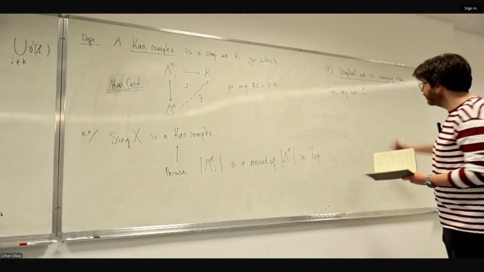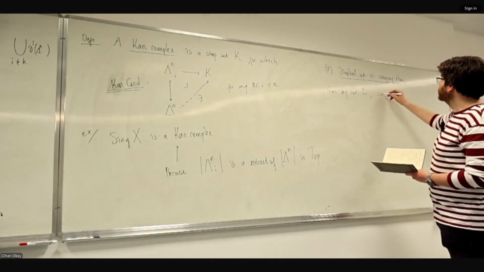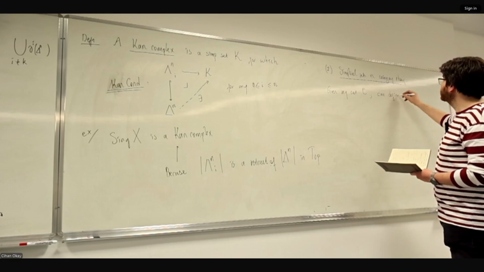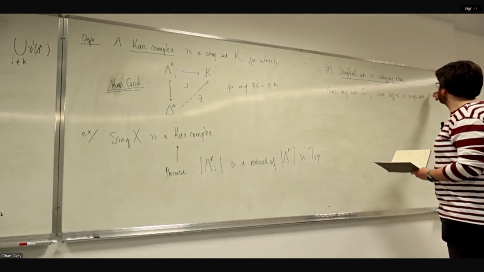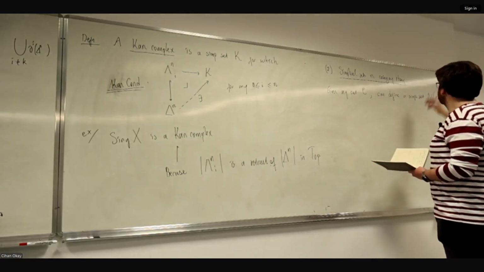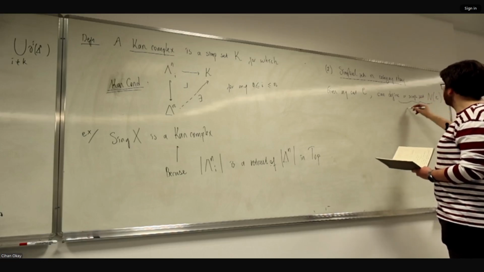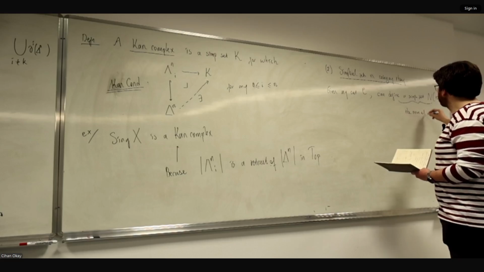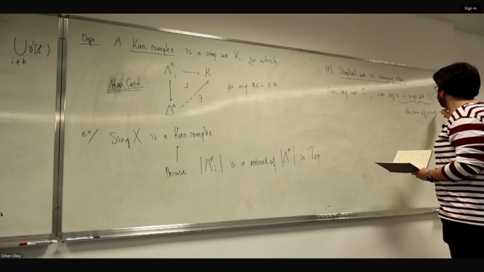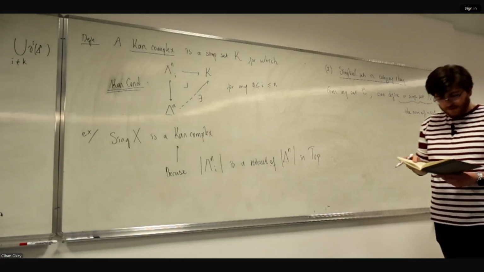Our notation is this, and let's call this one the nerve of a category. Let's see the definition.